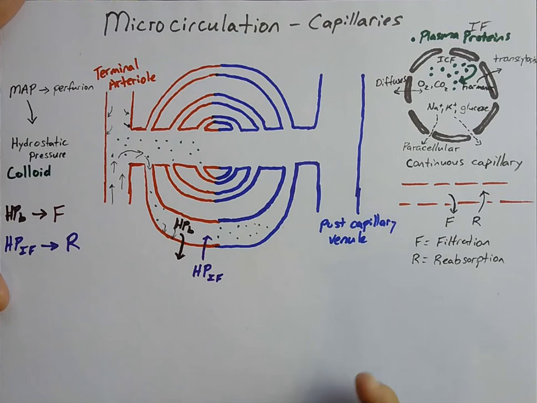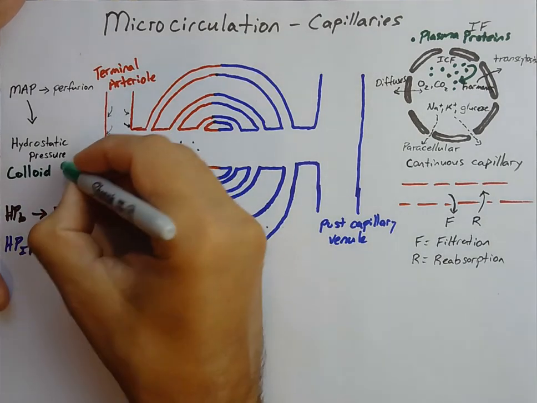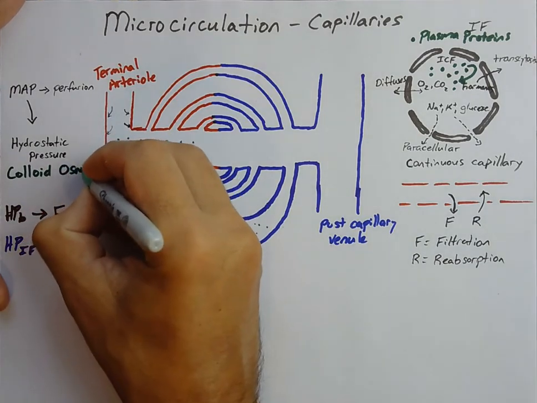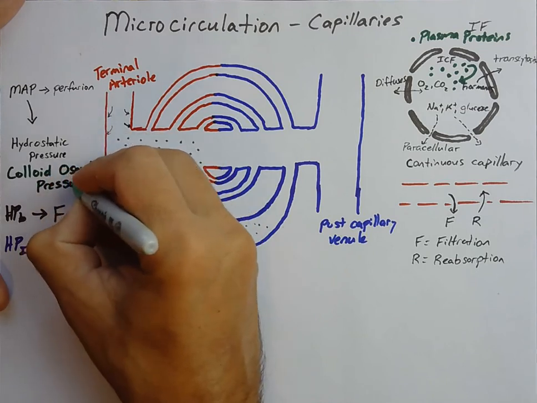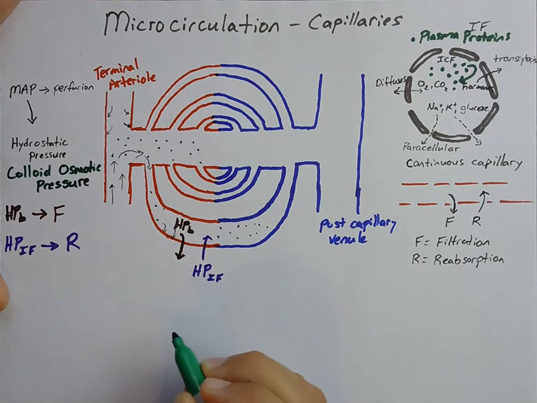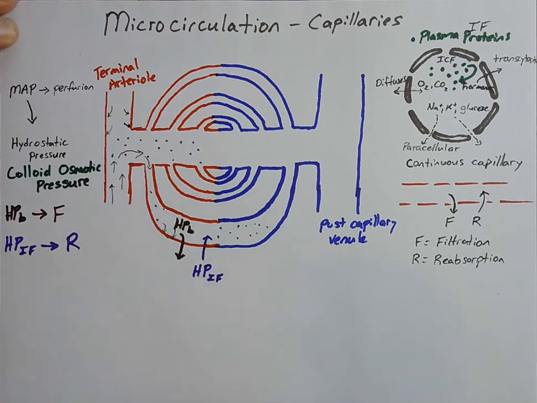And the movement of water is driven by osmotic pressure. And colloids tend to create a very high osmotic pressure. Osmotic pressure is also often known as oncotic, O-N-cotic, right? Oncotic pressure in medical situations.